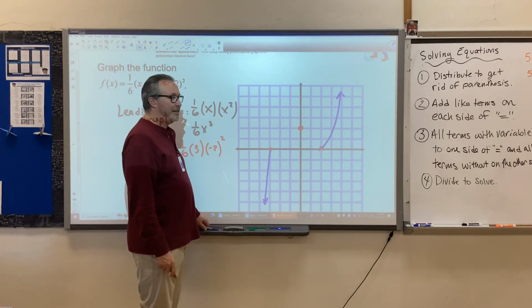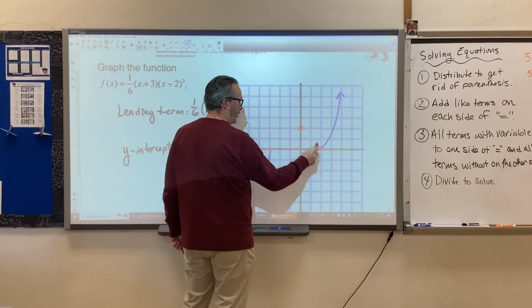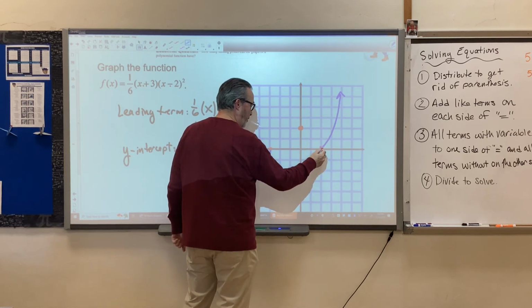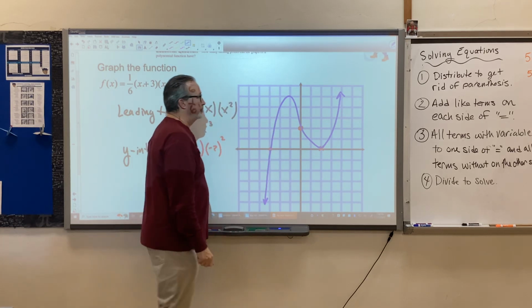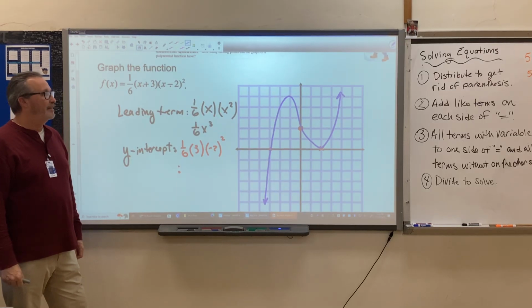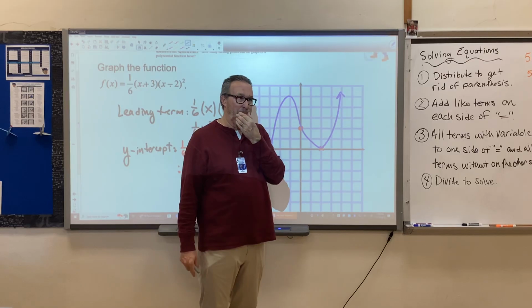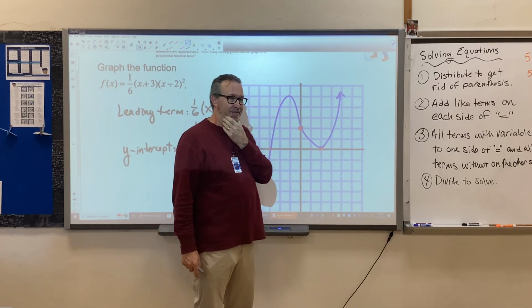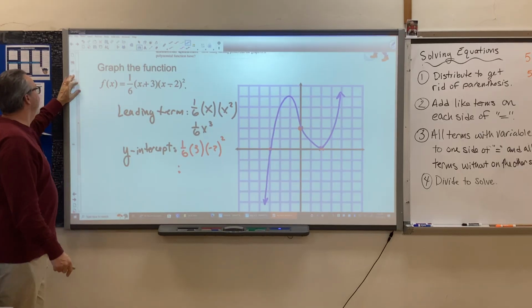It has to connect all of these dots and that dot. So maybe it does that. And we're not going to be concerned about how high it goes or how low it goes yet. That's what we got. Graph the function.